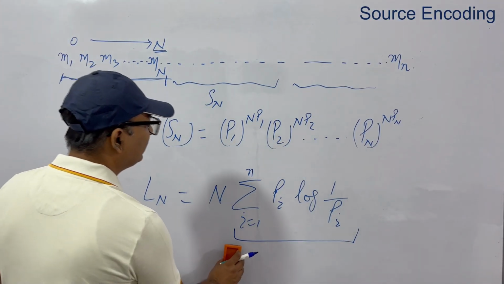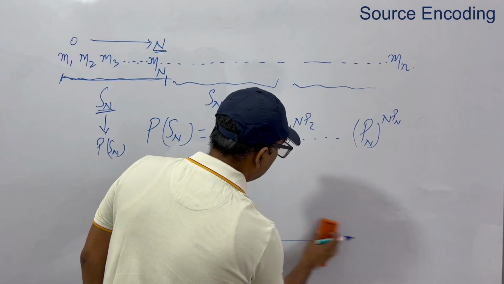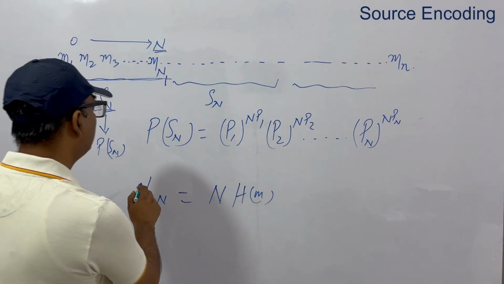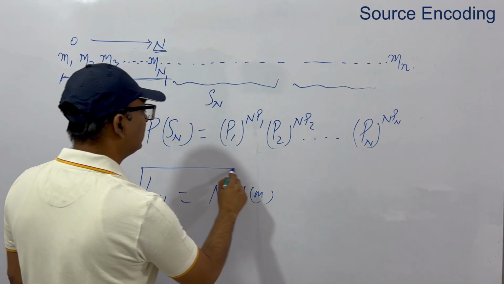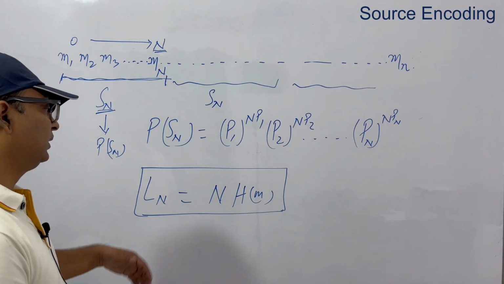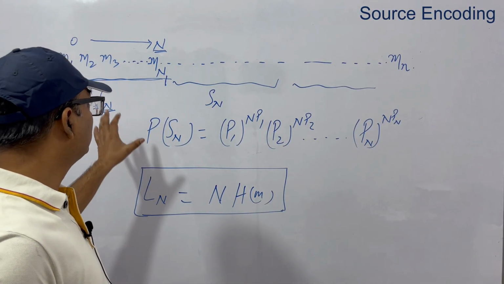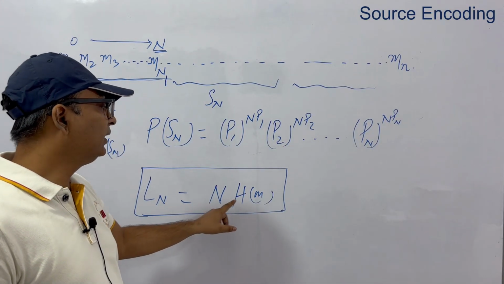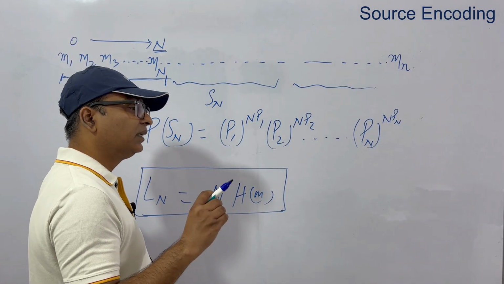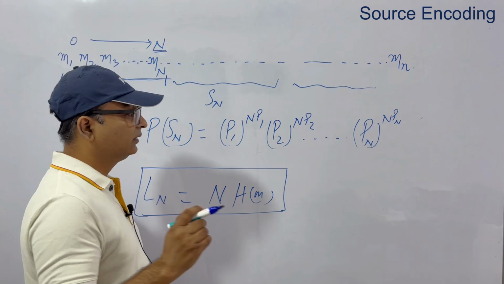It is Hm. So instead of this, we can write n Hm, that is the number of digits required, or that is called the code length. So the number of digits required to encode this message is n into Hm, where Hm is what? The number of digits required per message.